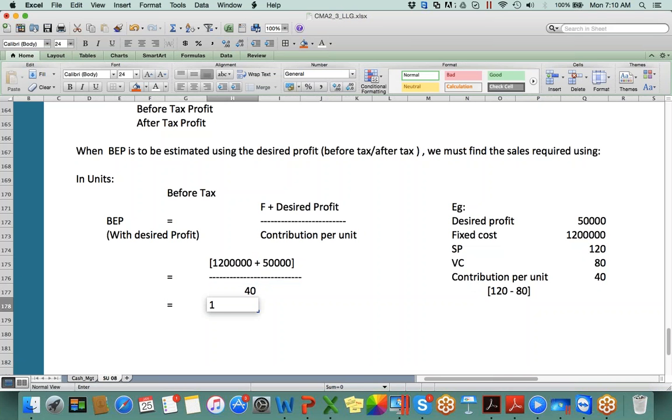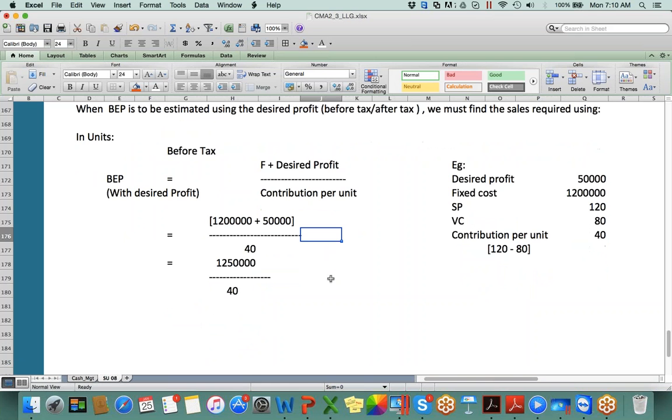Now 1,250,000 divided by $40. How much is that?